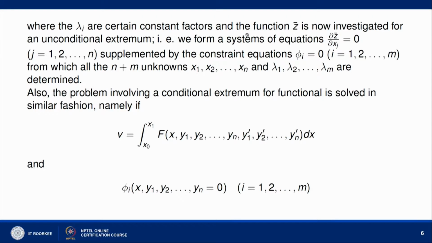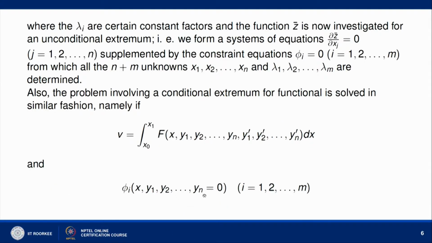Now we try to apply the similar method for our variational problem. Consider this variational problem, the integral from x0 to x1 of f of x, y1 to yn, y1 dash to yn dash dx, and the constraints are given as phi i of x, y1 to yn equal to 0 for i equal to 1 to m.